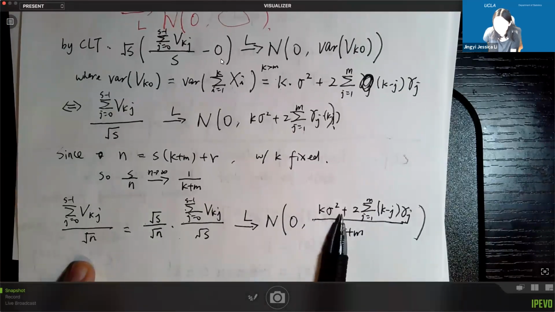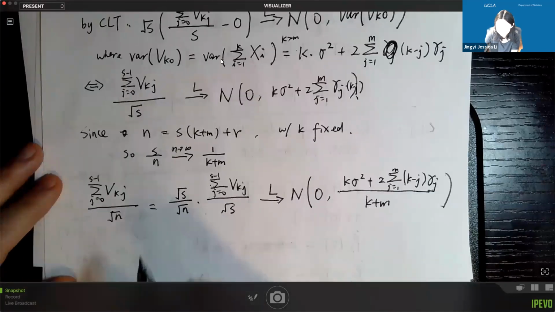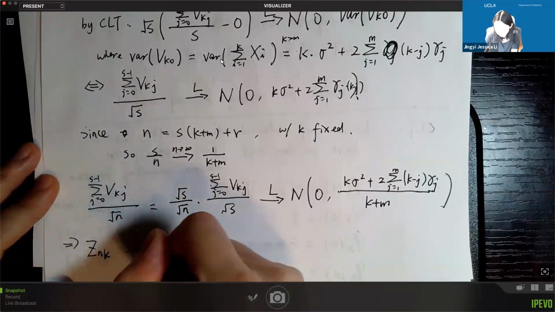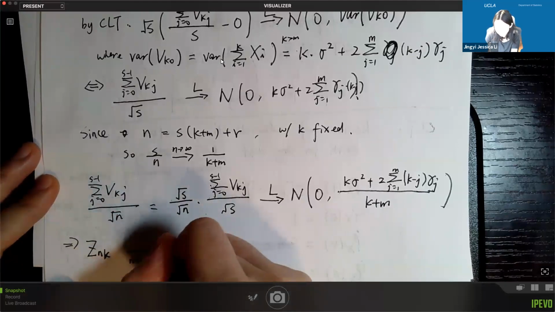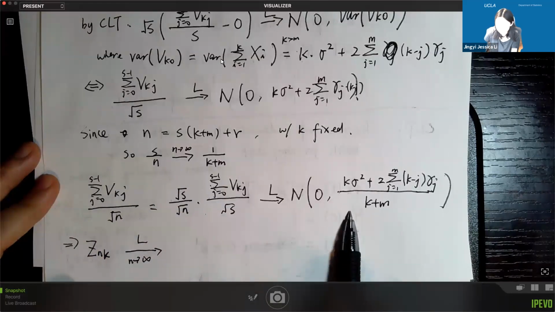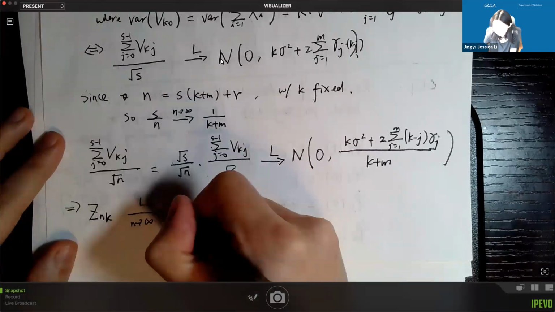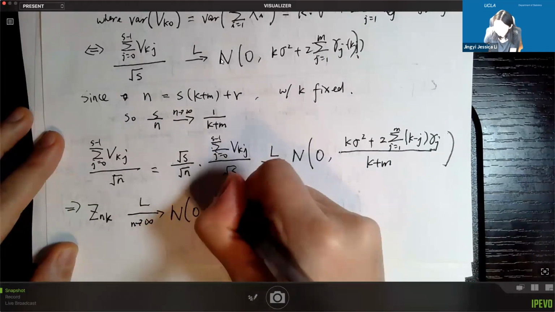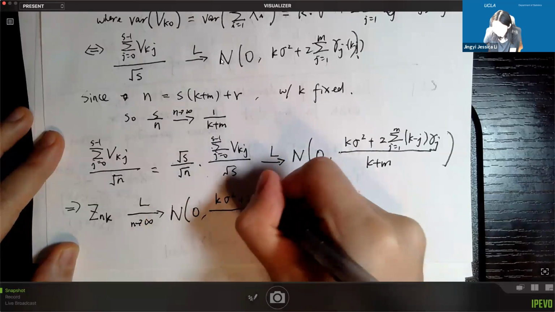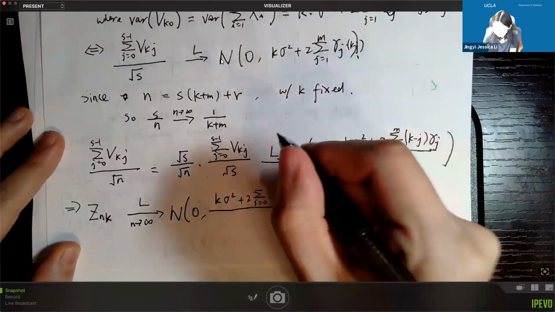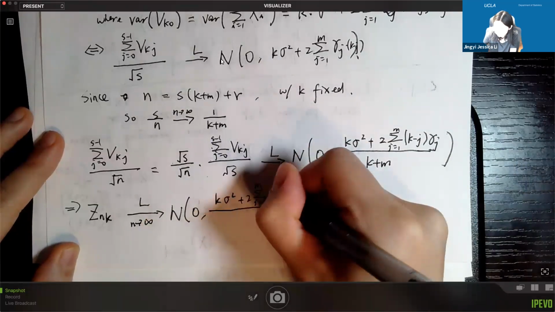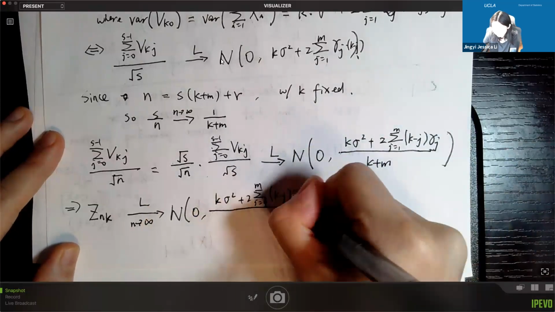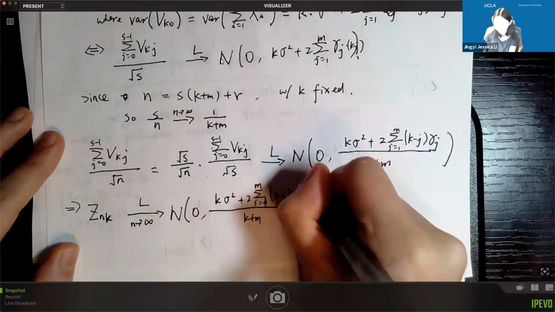To summarize, Z_n,k as n goes to infinity converges in law to this. I'm going to copy it again, plus 2 times the sum over j from 1 to m of k minus j, gamma j, over k plus m. So k is still fixed.